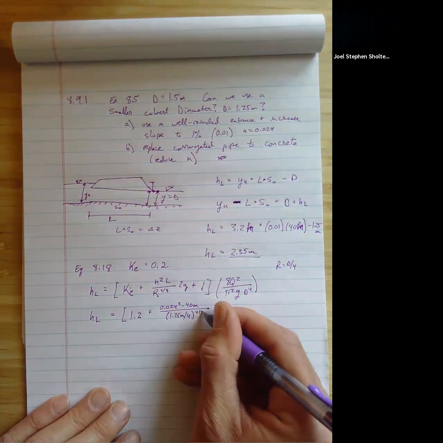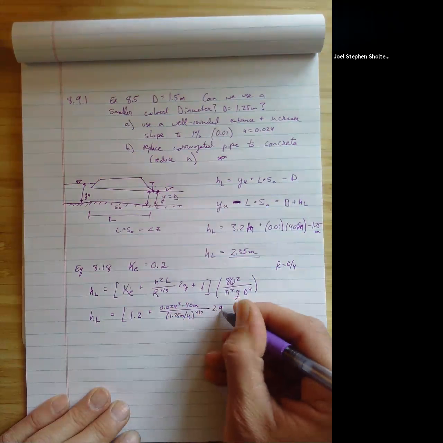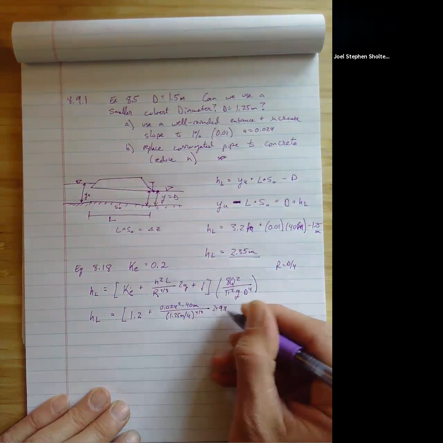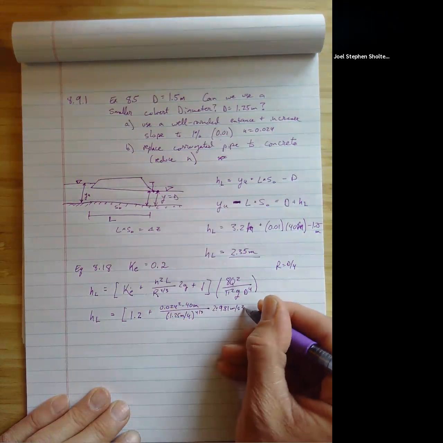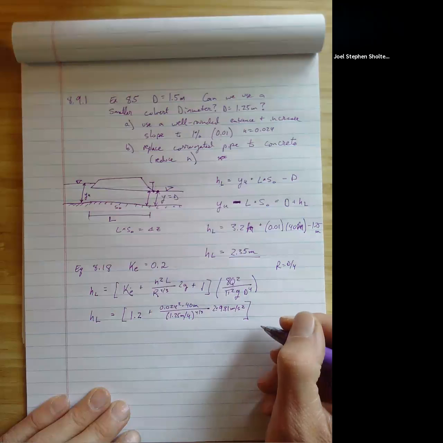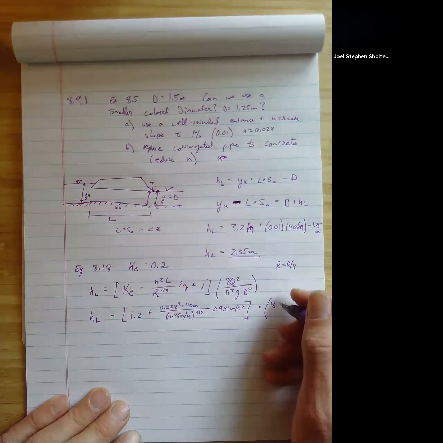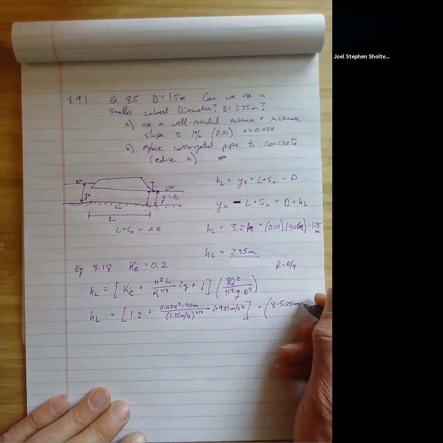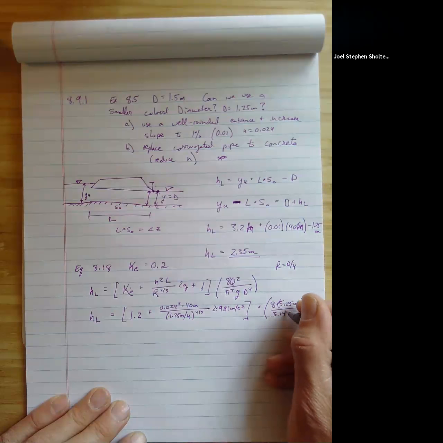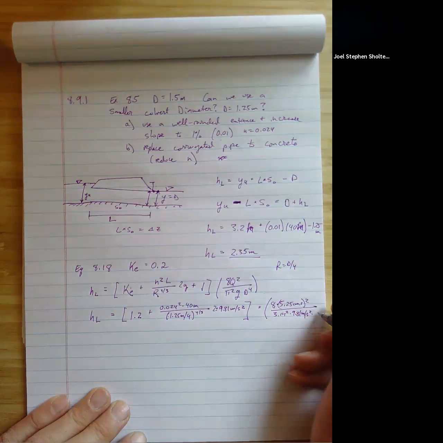So the 4/3 times 2 times 9.81 meters per second squared. Times 8 times our discharge, which was 5.25 cubic meters per second squared, all over 3.14 squared, 9.81 meters per second squared times 1.25 meters to the 4th.